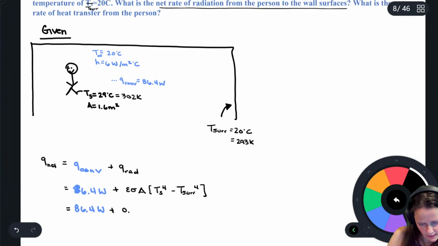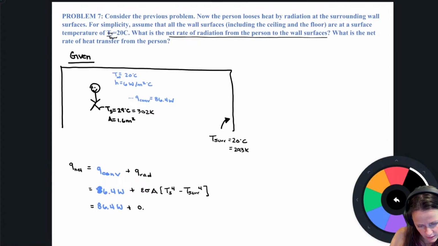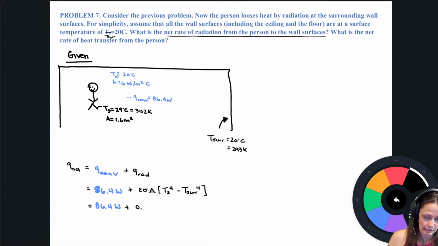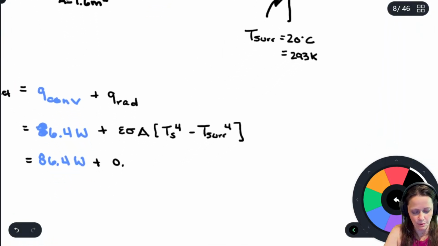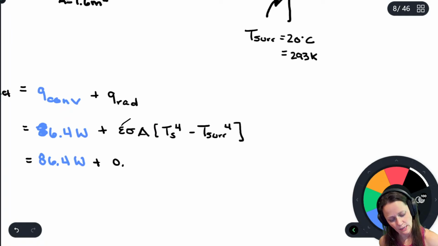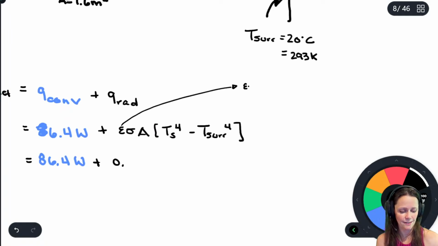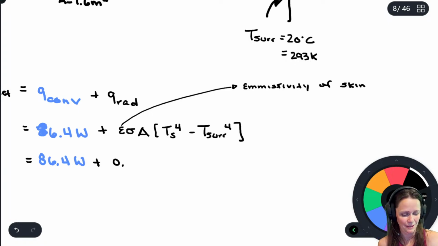oh, did they tell us? I know they did. I just didn't write it down. Oh, no, they didn't, I don't think. Yeah, the piece of information that we were kind of missing in the problem statement is this guy. So what we're looking for is the emissivity of skin, of human skin, which is kind of creepy.